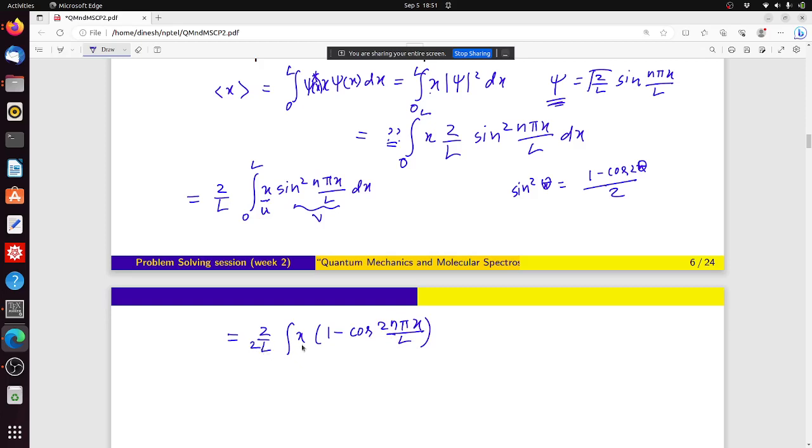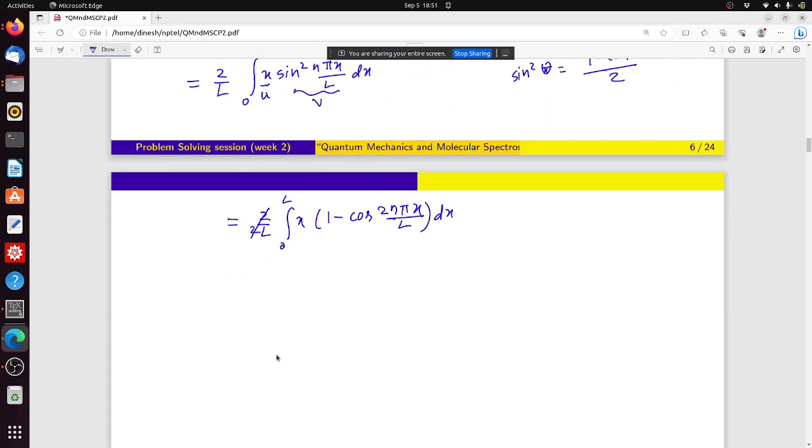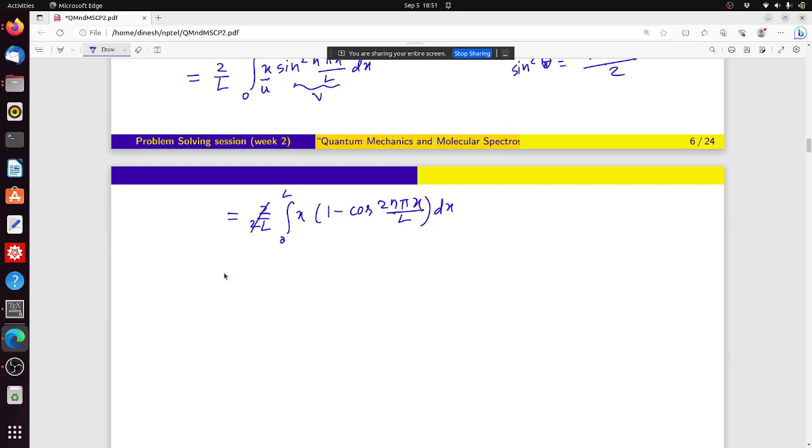The 2 I can take outside, limits 0 to L, and the 2 gets cancelled. So it's pretty simple now. You have to just do one integration by parts. This is x dx from 0 to L minus x cos 2 n pi x over L dx.